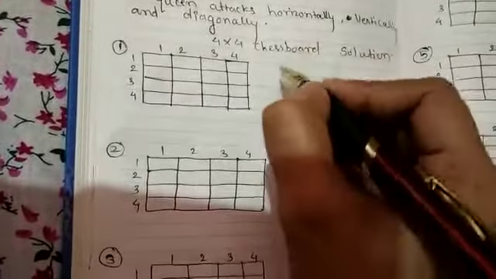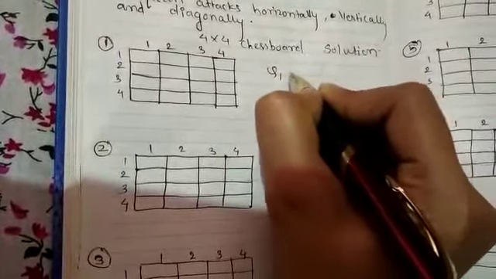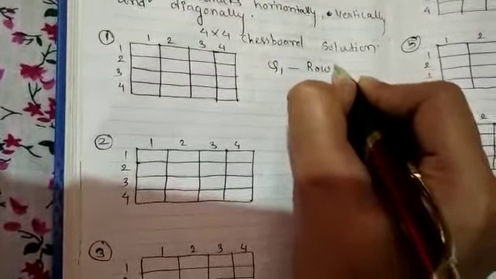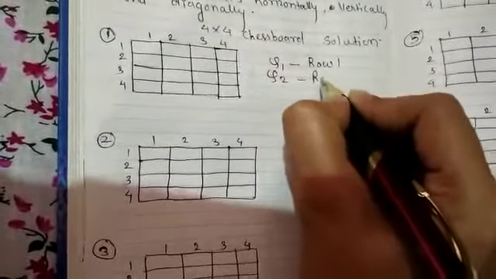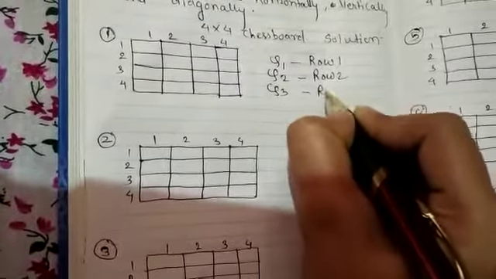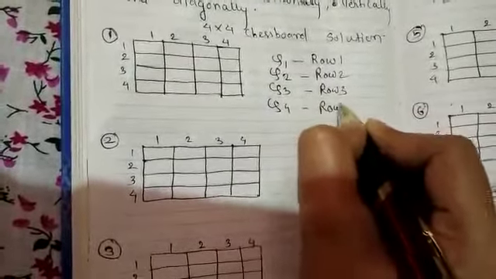For example, queen 1 will be placed in row 1. Similarly, queen 2 in row 2, queen 3 in row 3, queen 4 in row 4.